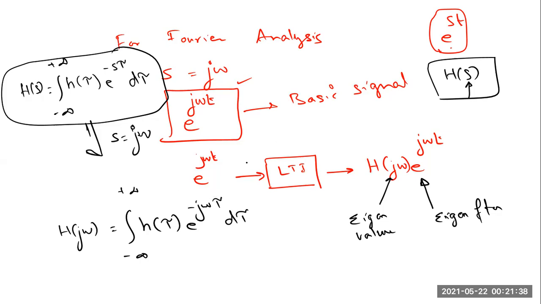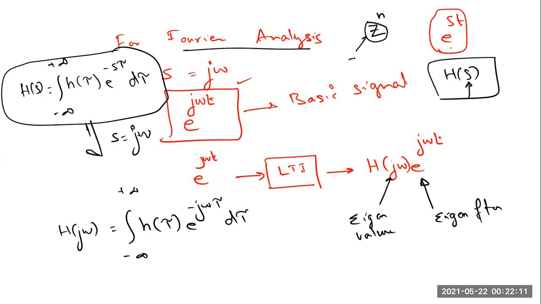Similarly, this is for the continuous case. Fourier analysis is applied in the continuous case as well as the discrete case. So in the discrete time case, our signal was z to power n. And if you remember, I mentioned that this z is a complex number. But for Fourier analysis for discrete time systems, we will assume that this z is a complex number whose magnitude is equal to 1.